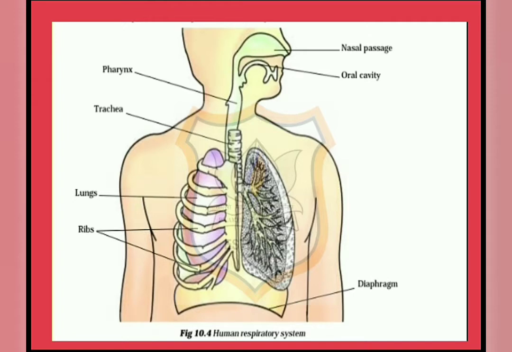Trachea or windpipe is a muscular tube. Air passes to the lungs through it, and the lungs are the main organ of the respiratory system, located in the chest cavity. Exchange of oxygen and carbon dioxide occurs in the lungs.